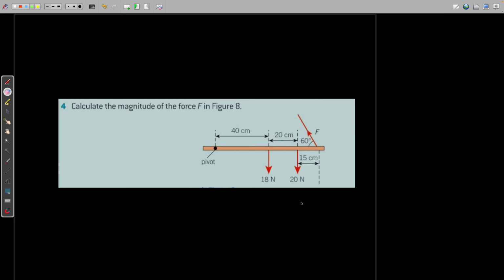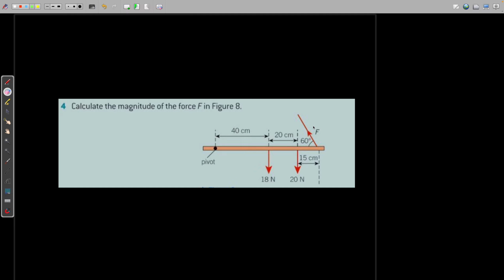Page 59 has a question, question 4, which has a force that is not perpendicular. We've got this angle of 60 degrees. In this question, you've got a clockwise moment due to that 18 newtons, pointing clockwise this way, and another clockwise moment due to this 20 newton force pointing this way.